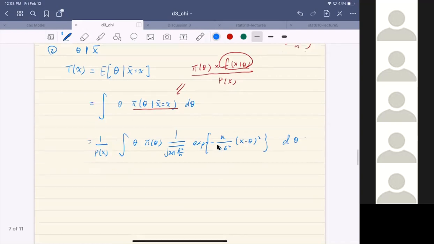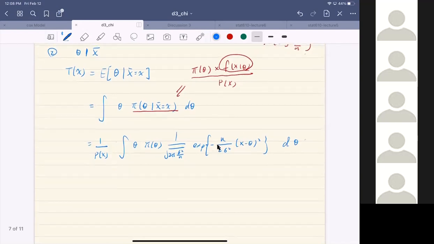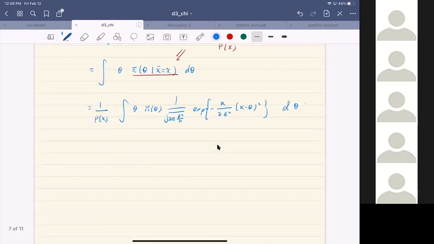And let's move this constant out of the integration.